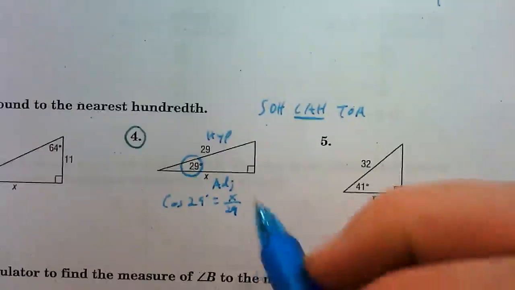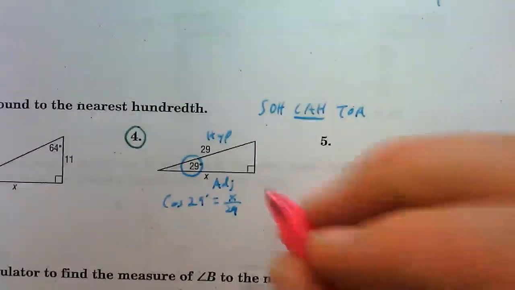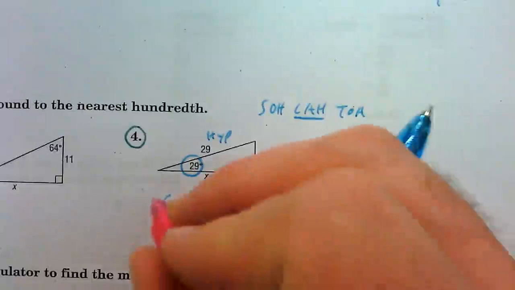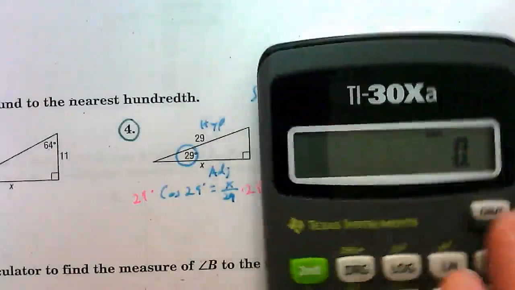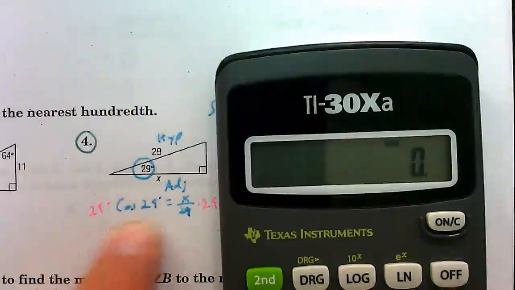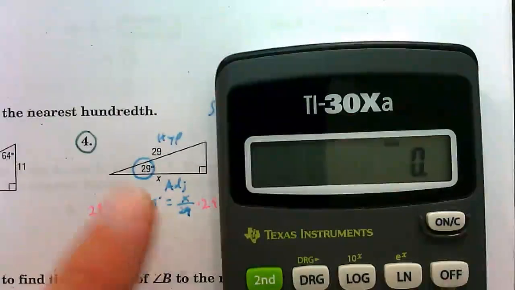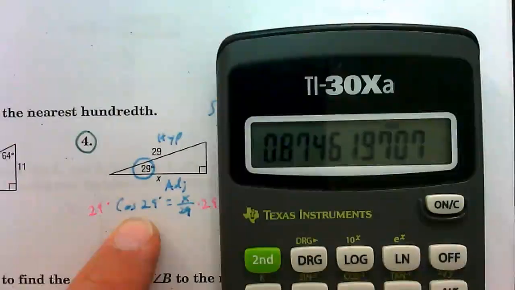Now, multiply this 29 over to the other side, so times 29, and plug it on in. Now, I used the blue calculator last time. I'm going to use this calculator this time, because again, you can plug that whole thing in from this point. So this is what we're multiplying out. And we have to do the cosine part first. So 29 cosine.